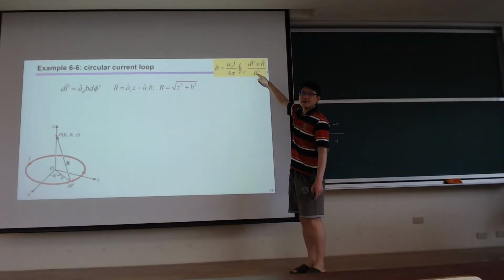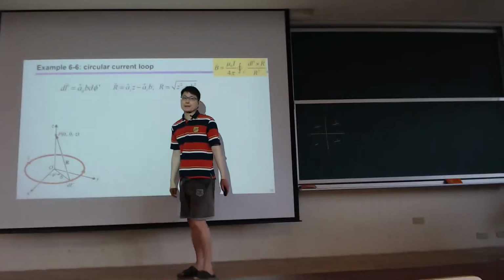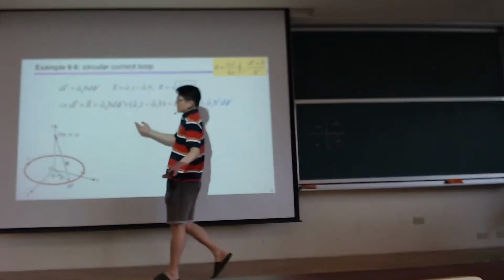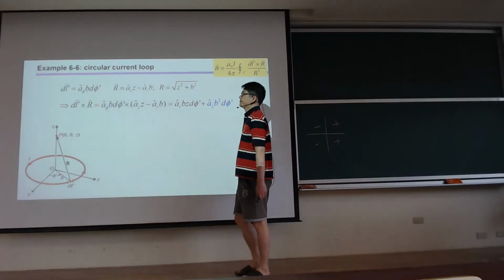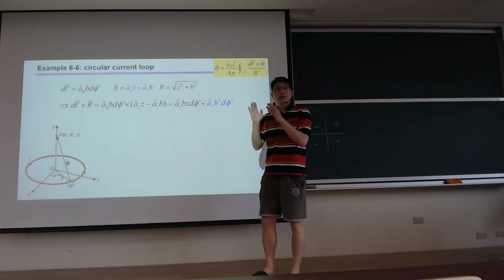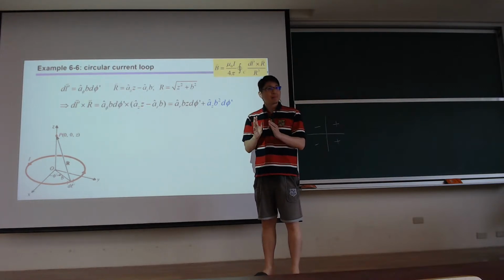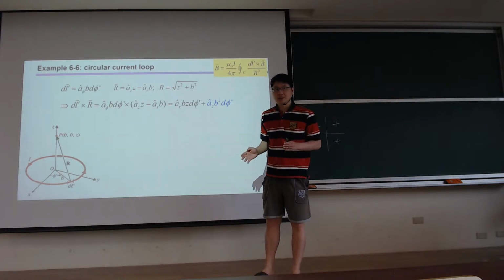So I know this R, and I already know this dl prime. I have everything. So I can just do the cross product of dl prime with the R vector. I write everything out. So this is the point where you have to decide again: if you understand the problem correctly and deeply, you can save half of the time as compared to your fellow classmates.